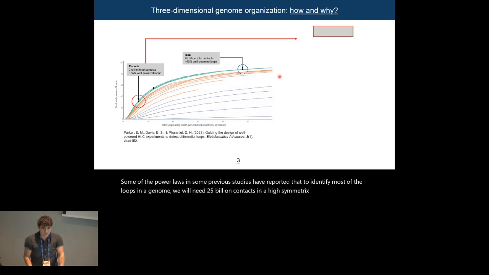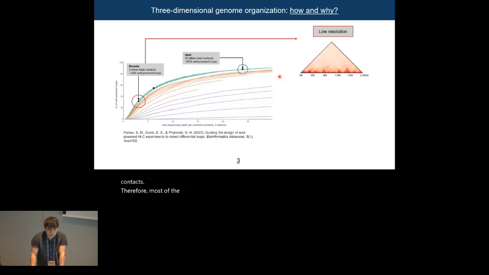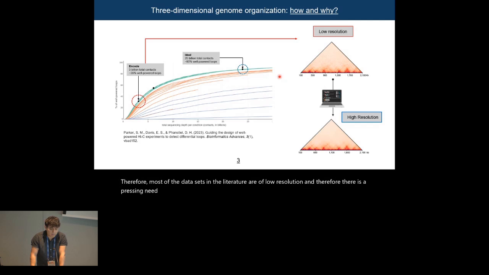However, this is prohibitive, and also, although some of the consortia out there, such as the ENCODE project, are recommending 3 billion contacts, only 35% of the loops can be identified with statistical significance with this amount of contacts. Therefore, most of the data sets in the literature are of low resolution, and therefore there is a pressing need to develop algorithms that allow us to go from low resolution to high resolution Hi-C matrices.